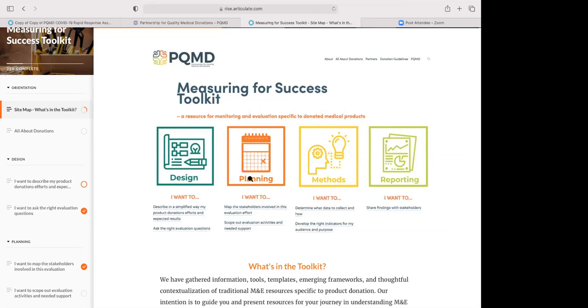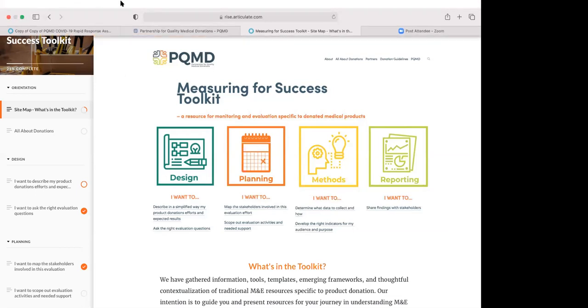And that can take lots of different shapes as well. PQMD is very interested in the future to be able to curate a reference database for M&E consultants who do have expertise in this area and can help build on the results of our toolkit here.